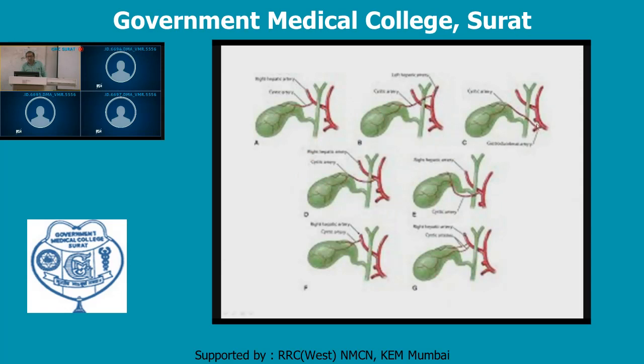Here the cystic artery arises from the gastroduodenal artery. Here the cystic artery arises from the right hepatic artery but from a much more proximal part. Here two cystic arteries are there. So variations in the origin and in the number of cystic arteries are not an infrequent occurrence.